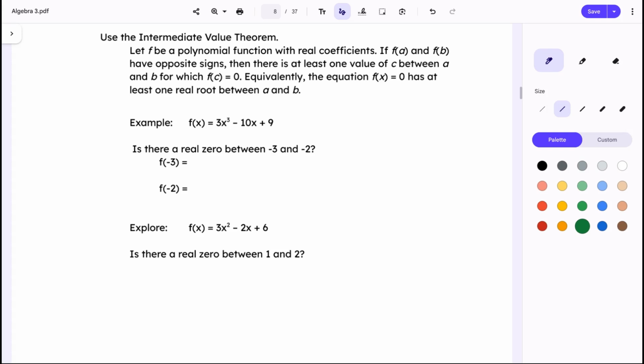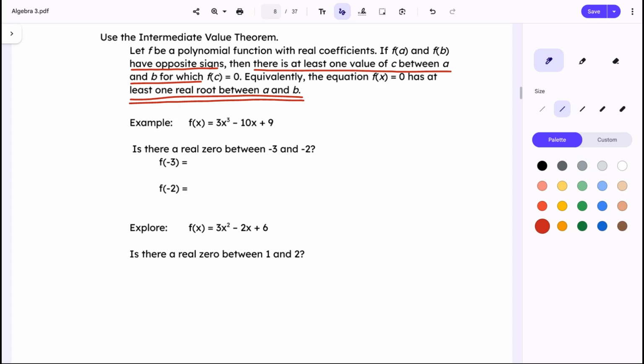What this is saying up above in the definition is that when you plug things in, if you have answers that have opposite signs, then there is at least one value between those. That means there's at least one real root between the values you're testing. So it would actually cross or touch the x-axis between those two numbers.